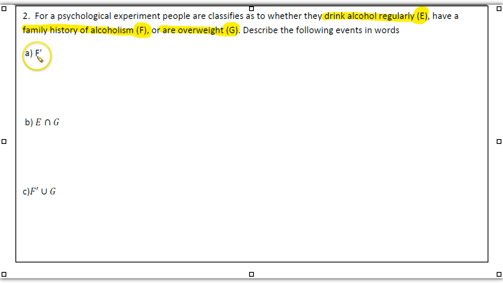So again, as we look at these, what will F complement be? Well, have a family history of alcoholism is set F. So set F complement will be those who do not.